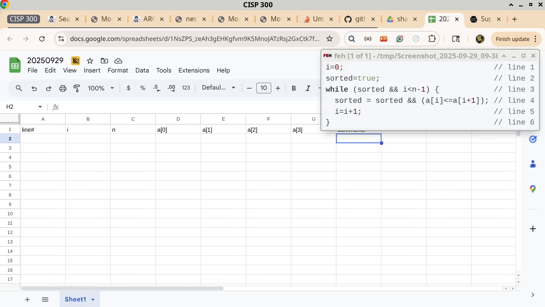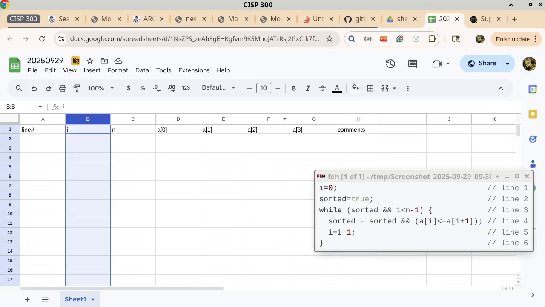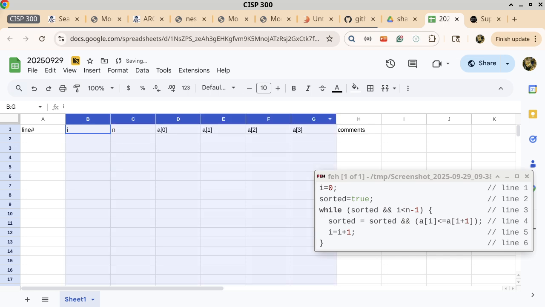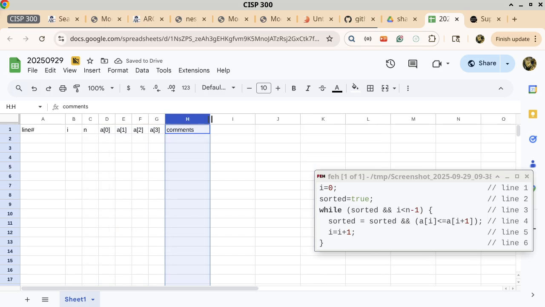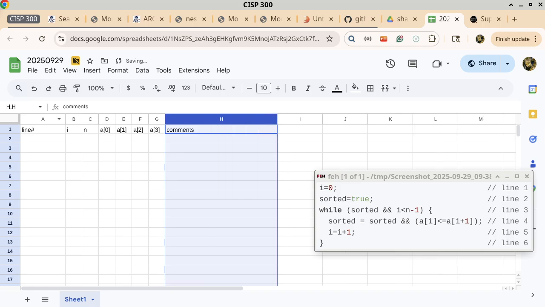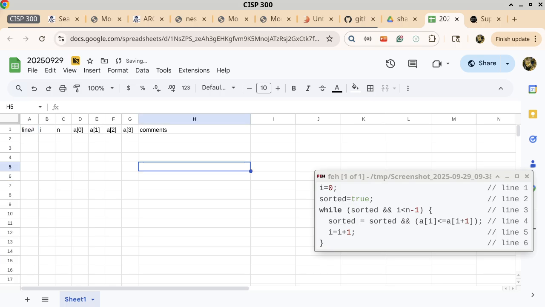Most of these columns can be a little bit narrower, so all of these can be narrow like that. Comments are always going to be a little bit longer. Line number can still be a little bit narrow, like so. All right, I think we have set up everything.